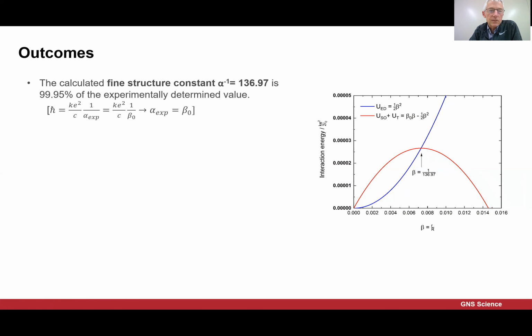This value is 99.95% of the experimentally determined value, and furthermore, it's effectively deriving an expression for Planck's constant as well, because Planck's constant and the fine structure constant are very much related, as shown here.